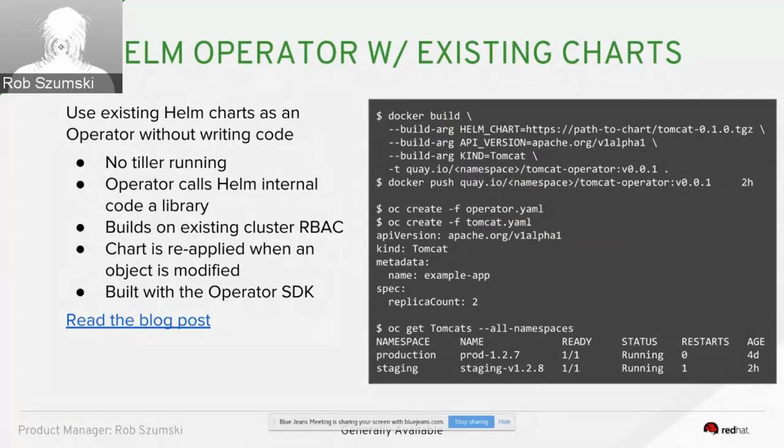So this allows people to reuse a chart many times and change configuration values about it. If you were moving something from staging to production and you needed to scale it up in production, you would overwrite the replica count to be 20, for example. And whenever these objects are modified, the Helm chart will be applied. That's the power of the operator. So you're getting this live reconfiguration. Next.